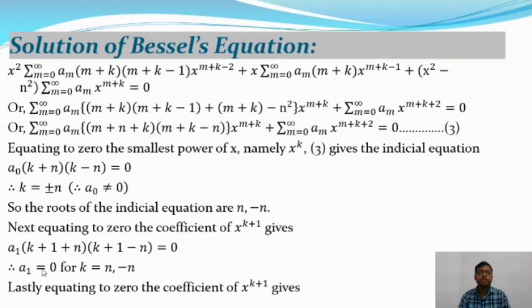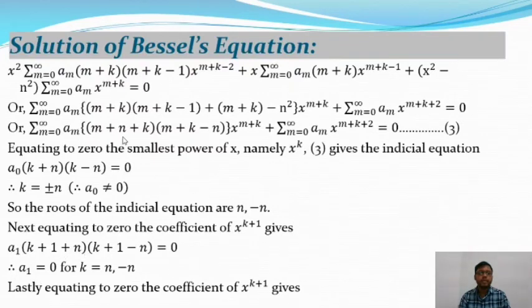So next, equating to 0 the coefficient of x to the power k plus 1. Okay, so x to the power k is the smallest power of x when m is equal to 0, and x to the power k plus 1 is the next smallest power of x when we put m equal to 1, and from the first term of equation 3, it will give a1 into (k plus 1 plus n).